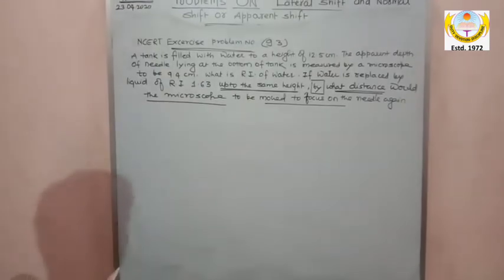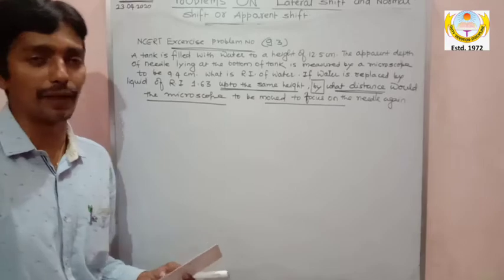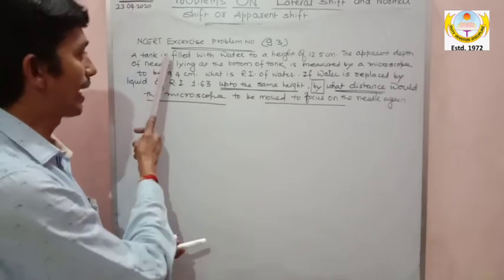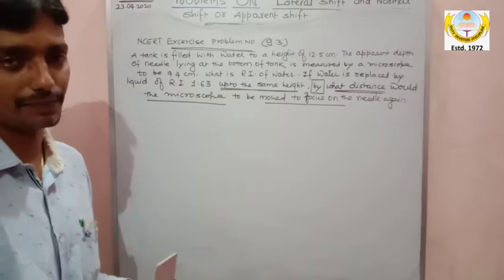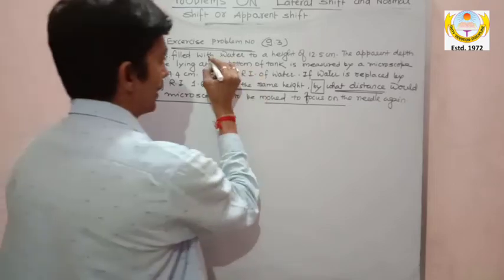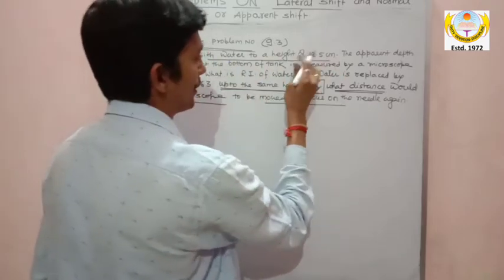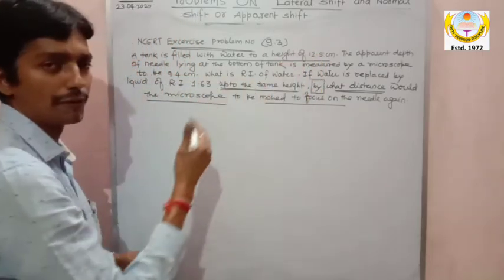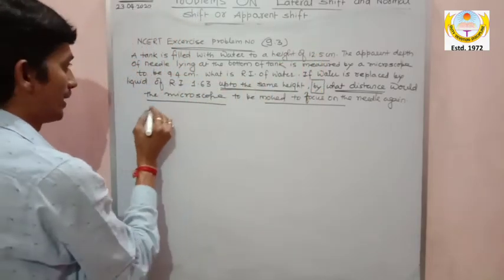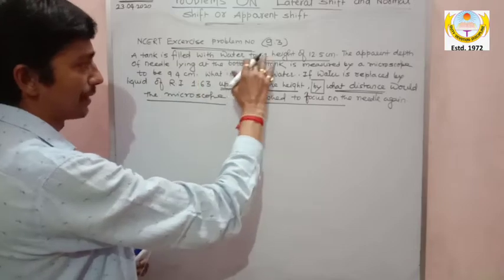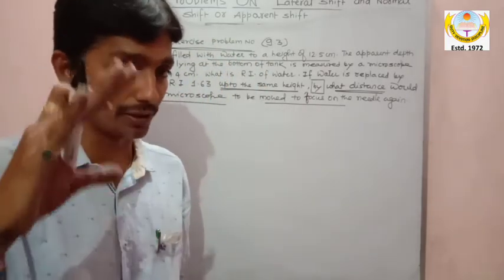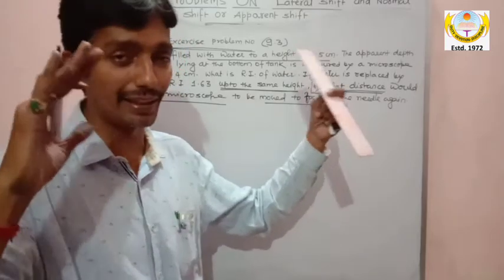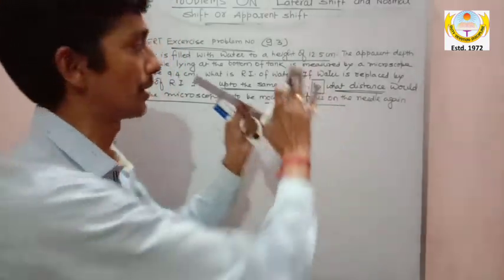Now when I look at this NCERT exercise problem 9.3, a tank is filled with water to a height of 12.5 centimeter. There is a tank and this tank is filled with water to a height of 12.5 centimeter. So now my dear, if you think about it, the real water filled in the tank is actually given in the topic.